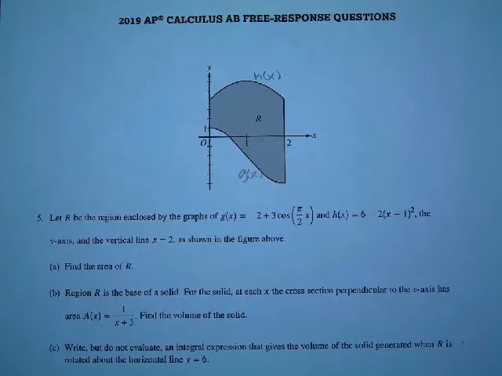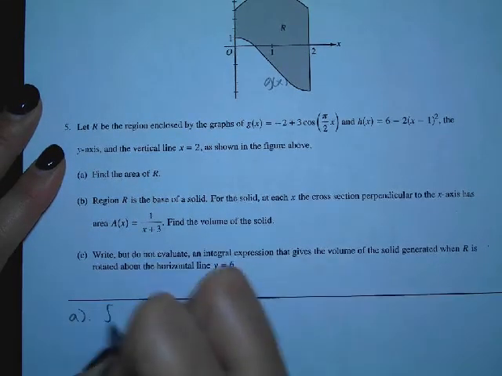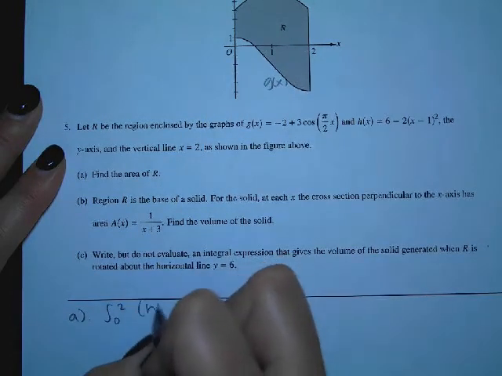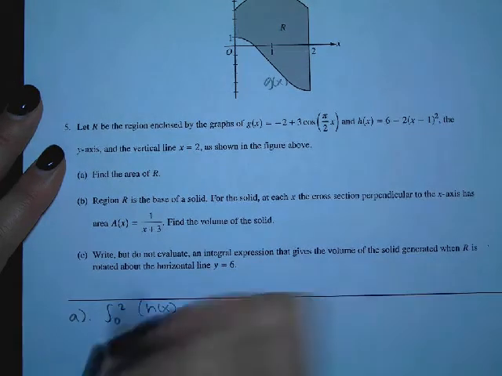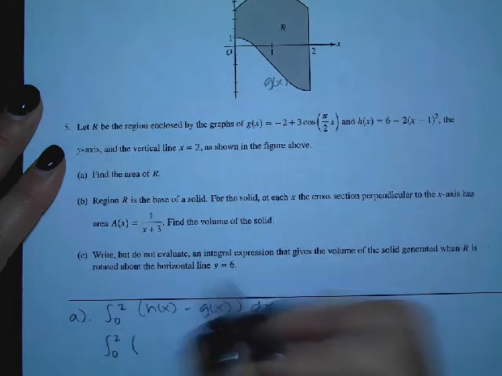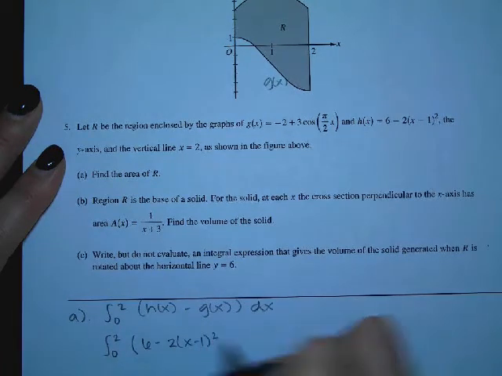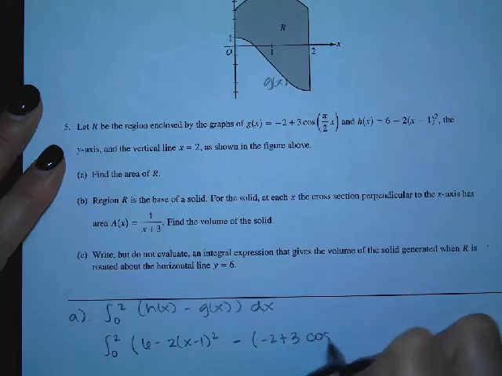And so if I do top minus bottom, then I have from 0 to 2, and I've got h of x minus g of x. So 6 minus 2 times (x minus 1) squared minus negative 2 plus 3 cos.